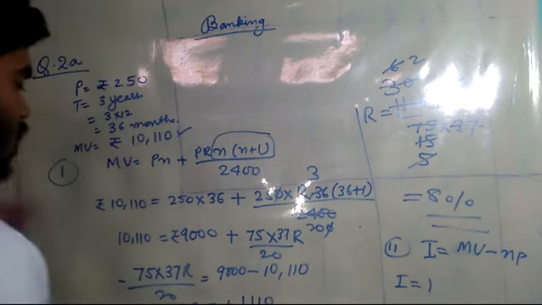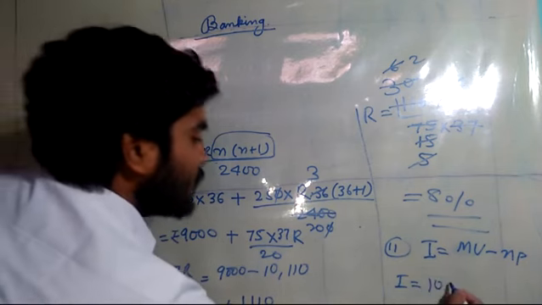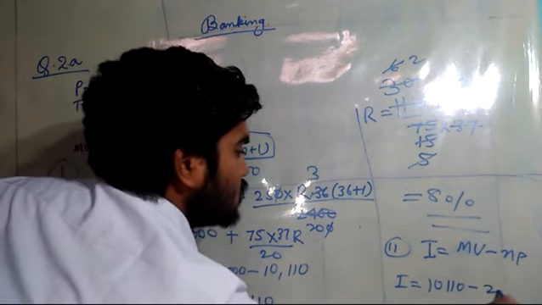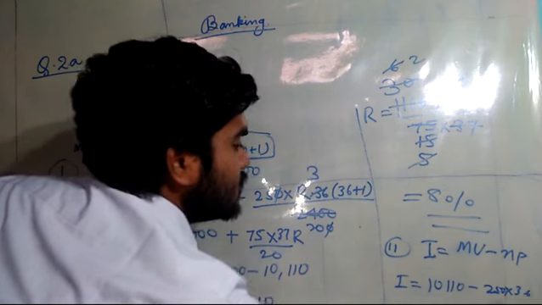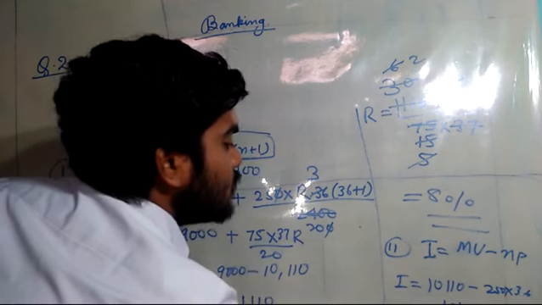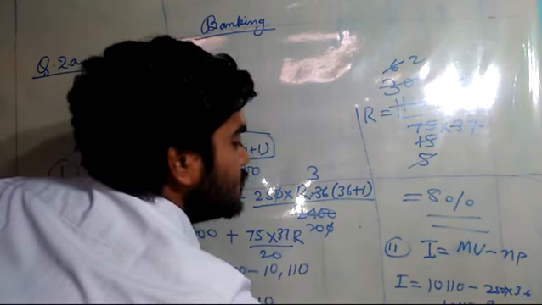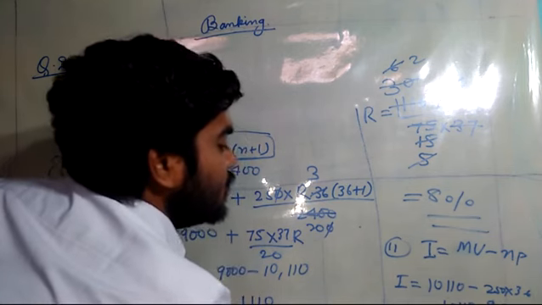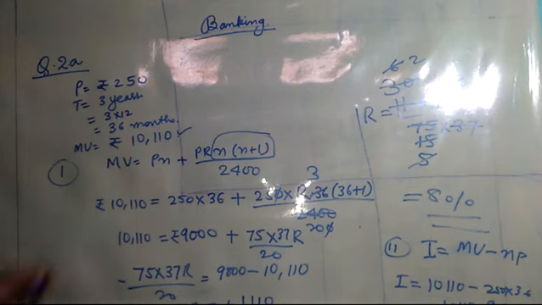Maturity value is how much? 10,110 minus NP, that was 250 into 36, that was equal to 10,110 minus 9,000, so it was 1,110. So in this way we solved question number 2, where all the details were given. The only thing that we have to do is substitute their values to get the correct answers.